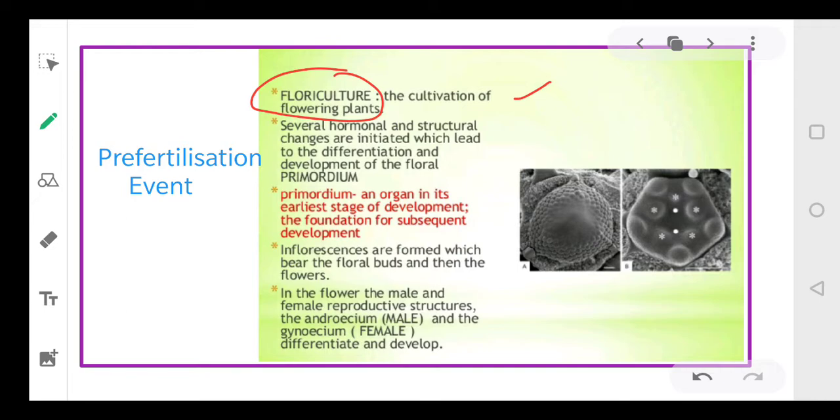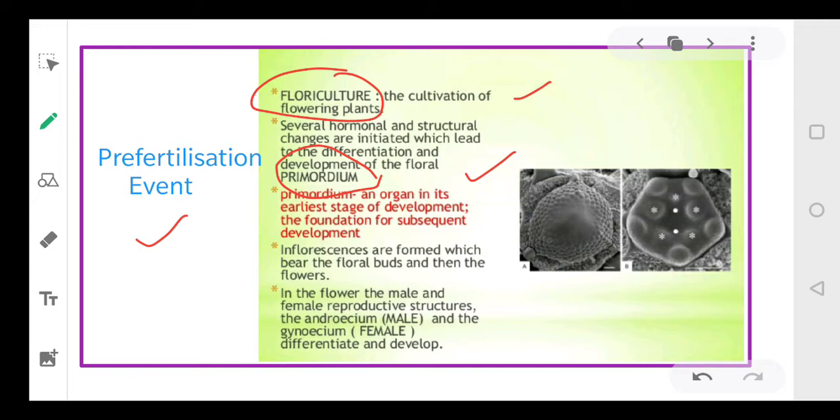And there are certain pre-fertilization events that occur in the plant. Several hormonal and structural changes are started, which lead to the differentiation and development of the floral primordium. What is a primordium?